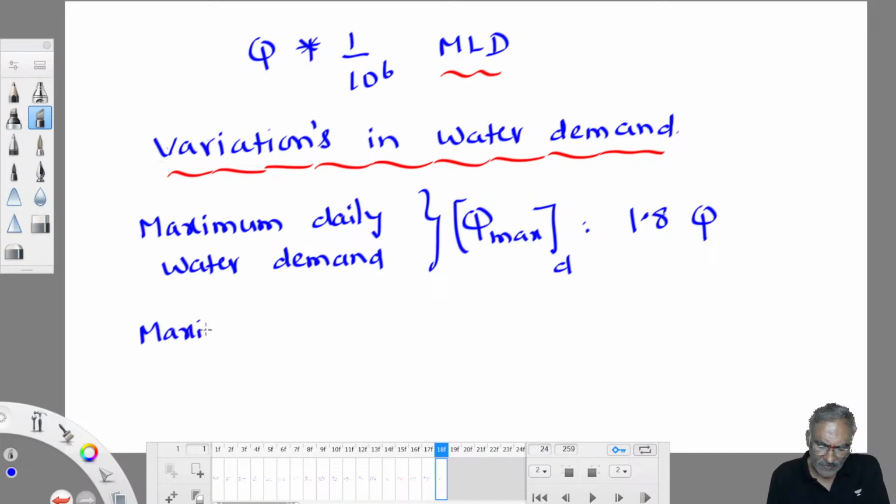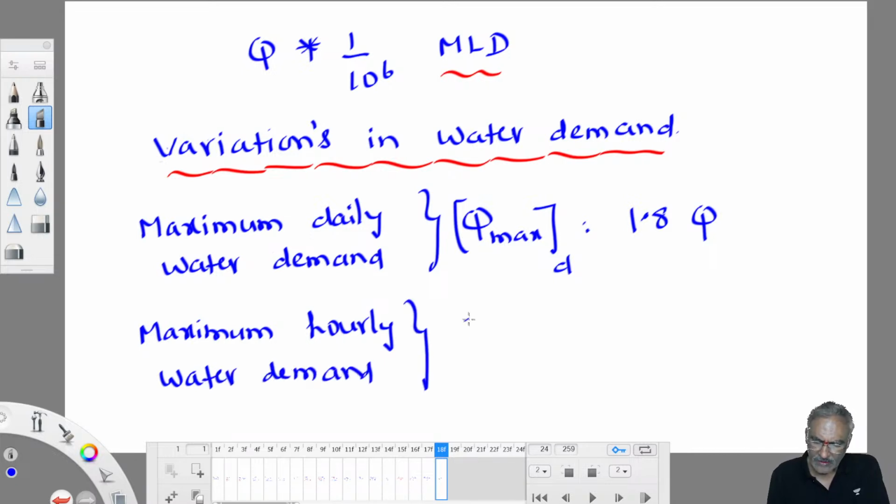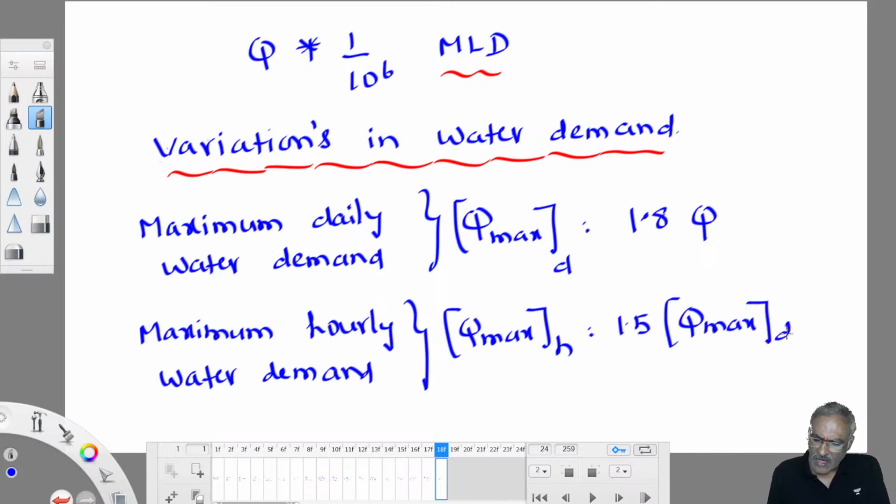Most of the components of a water supply scheme we design for maximum daily water demand. Some components we design for maximum hourly water demand. Q max hourly water demand is 1.5 times Q max daily water demand, or in terms of average, it is 2.7 times the average daily water demand.